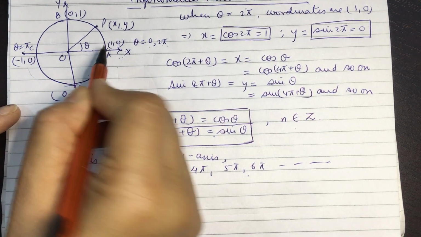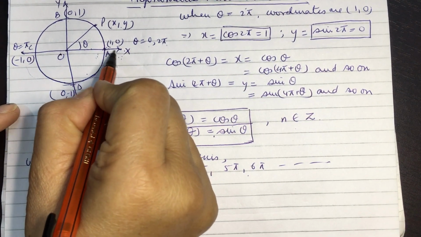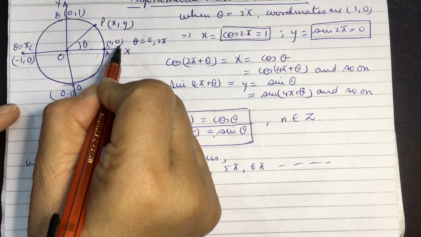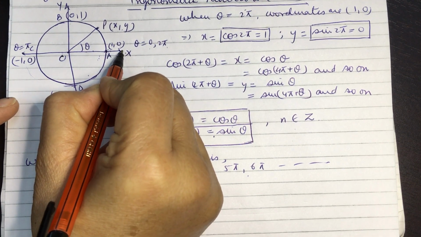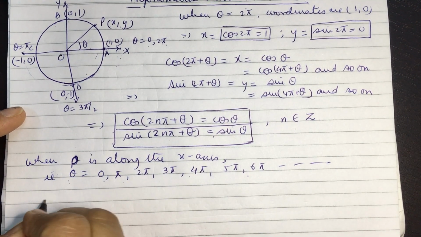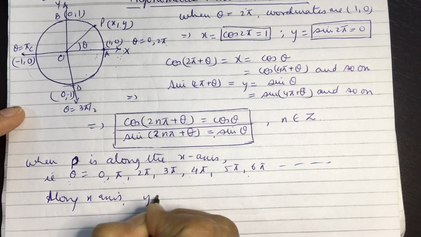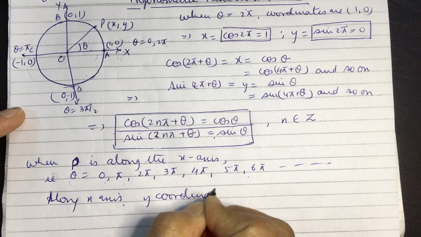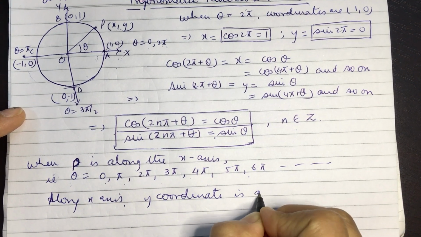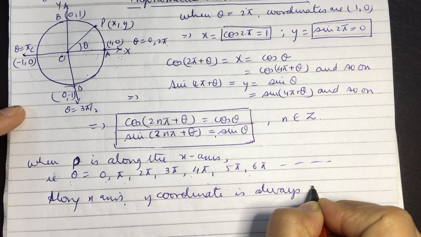Along the x-axis, the y coordinate is always 0.